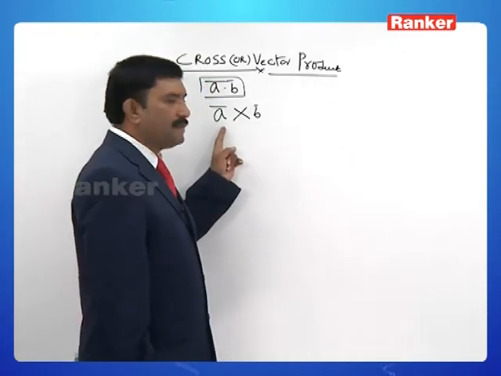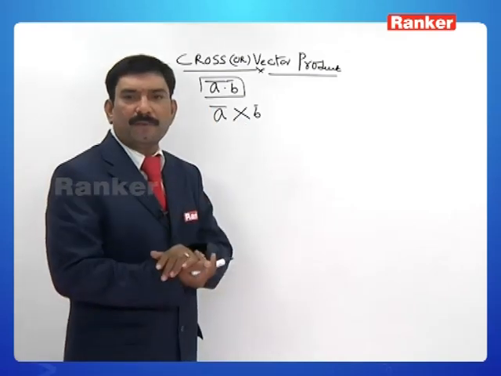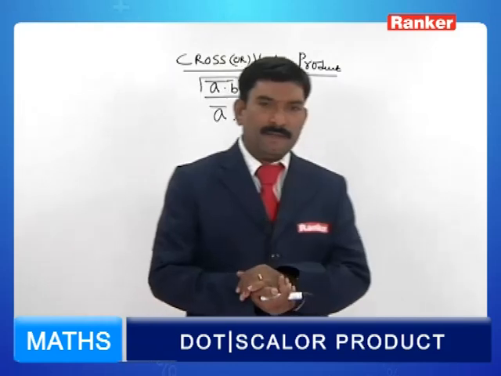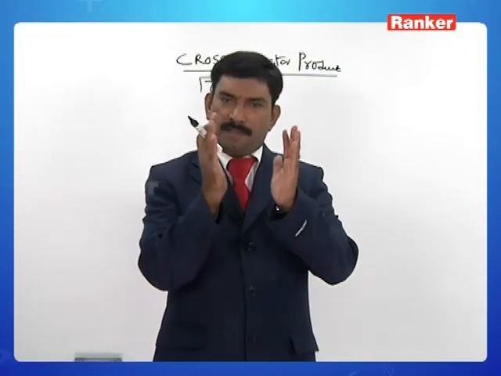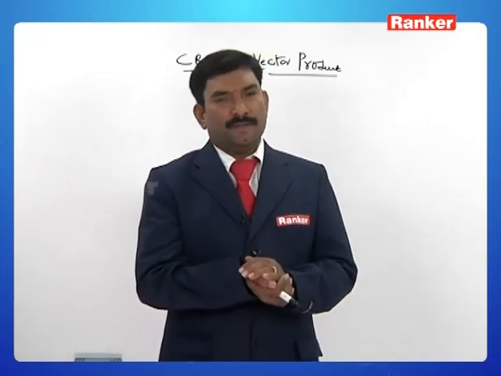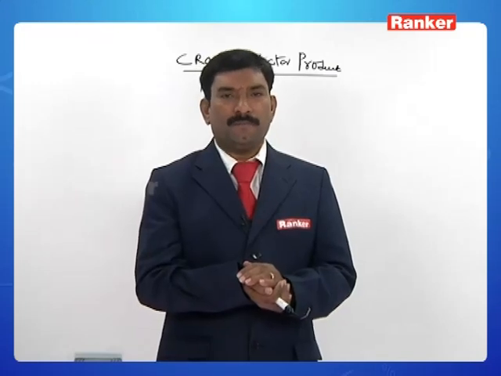This can be read as A bar cross B bar or the vector product of A bar and B bar. Remember, the scalar product of two vectors is a scalar quantity, but the vector product of two vectors is a vector quantity.